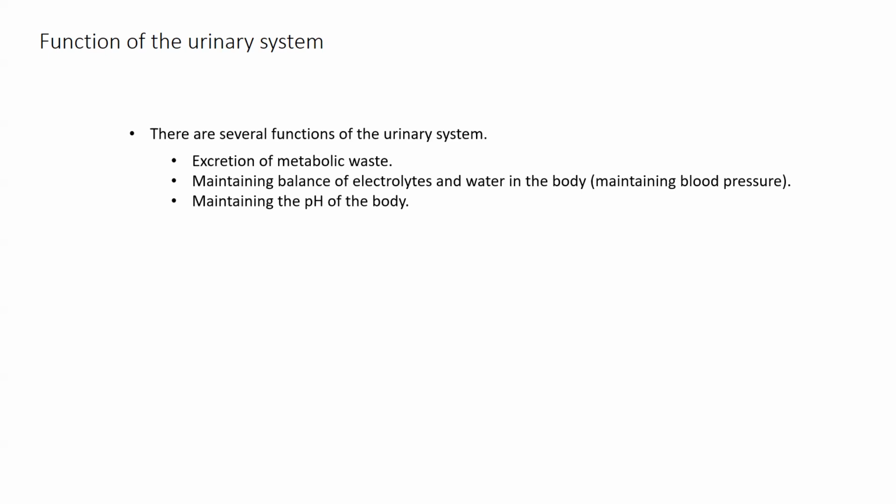If you've got plenty of water around, you're drinking water all day, then your kidneys will produce a more dilute, higher volume of urine. So how much water you have as a total inside the body is one of the main factors in maintaining blood pressure. Then finally, as another function, the pH of the body, how acidic or how basic the body is, is ultimately controlled by the kidneys. Kidneys also secrete some hormones.